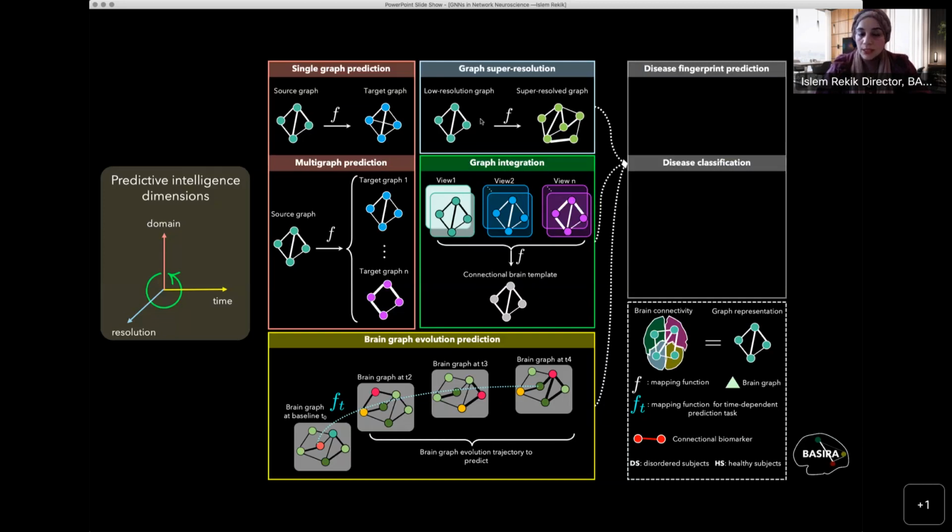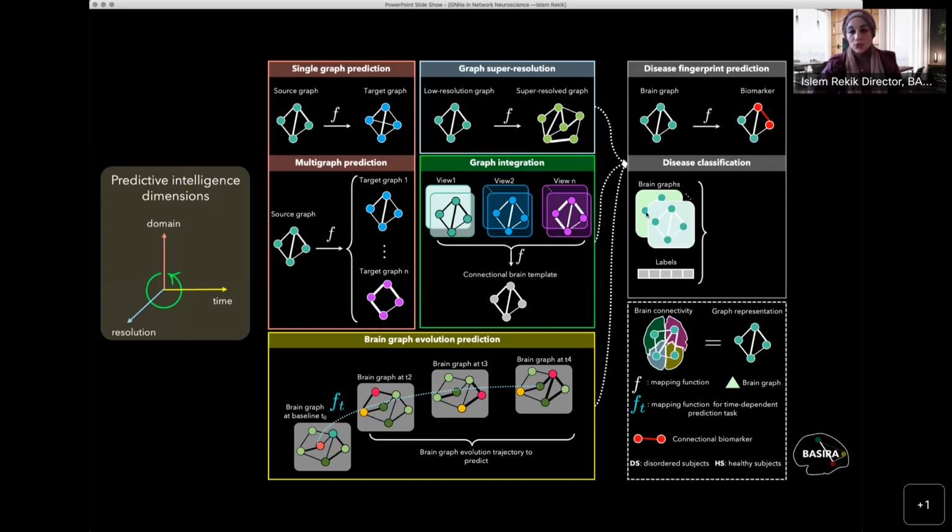So once we predict the data, then what do we do? You might ask me, oh, you're just predicting all these networks. So what then? What do we do? So ideally, we would use the predicted data along with the ground truth one, and then we will train a classifier to enable us to identify biomarkers.